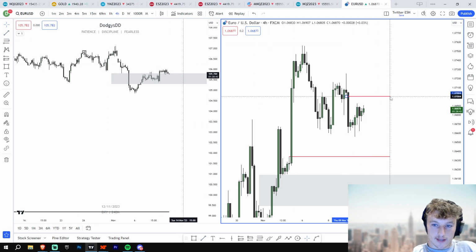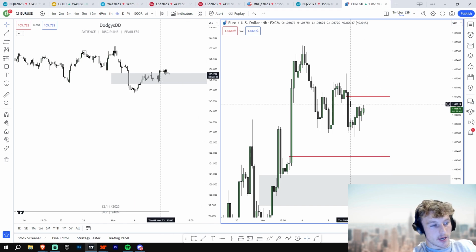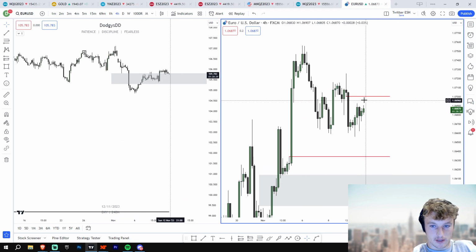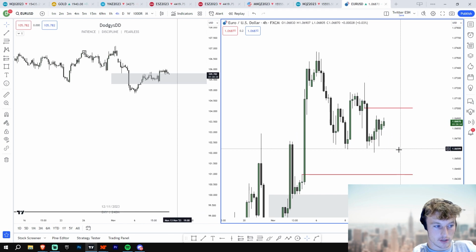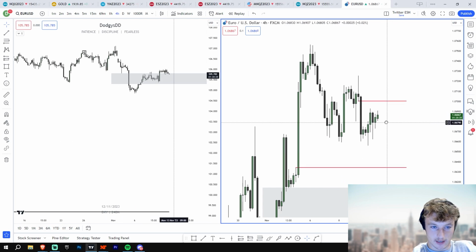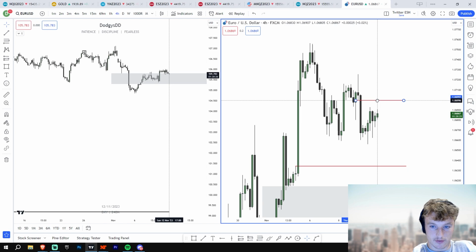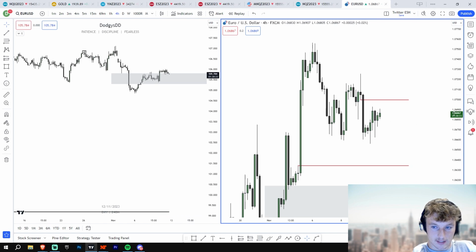There's probably guys who don't even do these weekly outlooks every Sunday, and they probably come in, they draw these two, and they'd be like, okay, whichever one breaks, that's my bias. So that could be you. You could go in tomorrow, not even trade, just wait for one of these to be closed above or below, and that's your bias right there. I just gave it to you for free. That's a good way to do it as well.